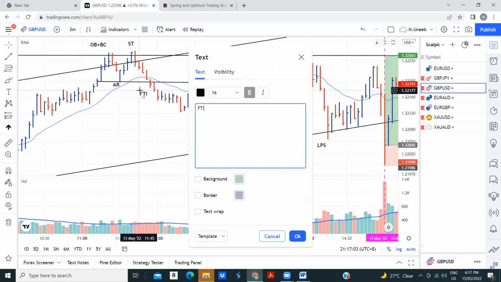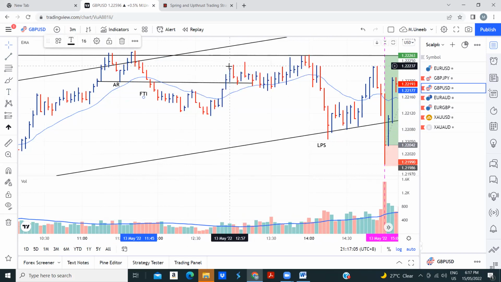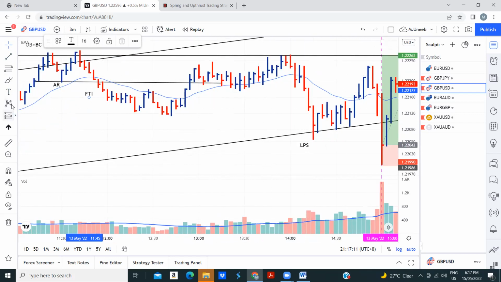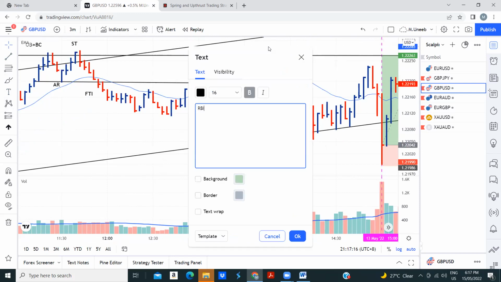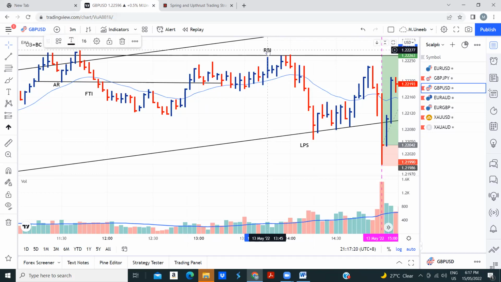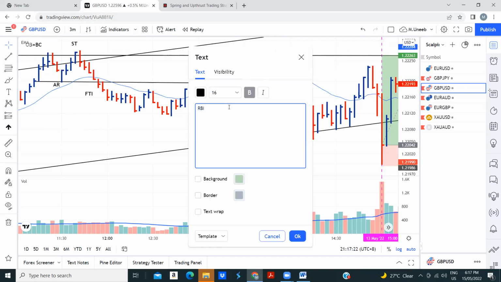FTI. Am I right? And this one is the price just bounced here 2 times. This is rally back to ice over this point, RBI. Or we also call it LPSY, last point of supply.